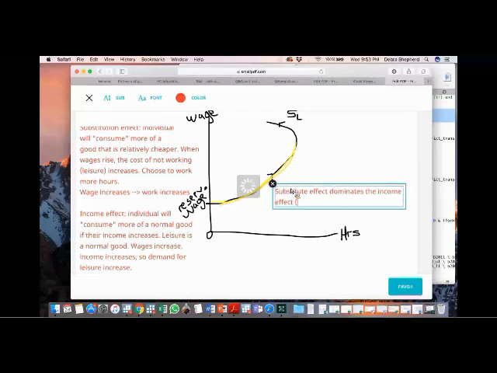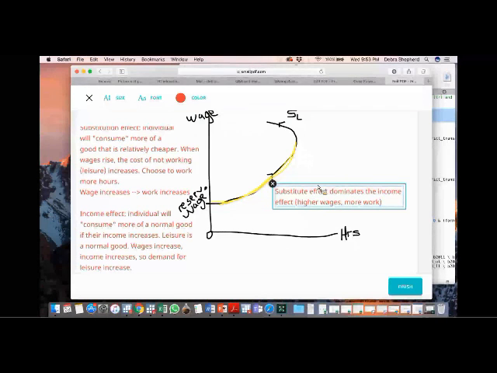That's why higher wages, more work. In other words, your wage isn't yet high enough for you to have enough income to be able to make that decision to work less.